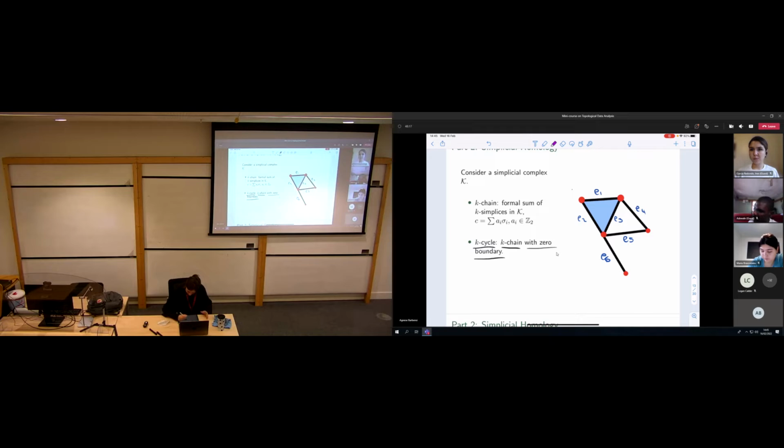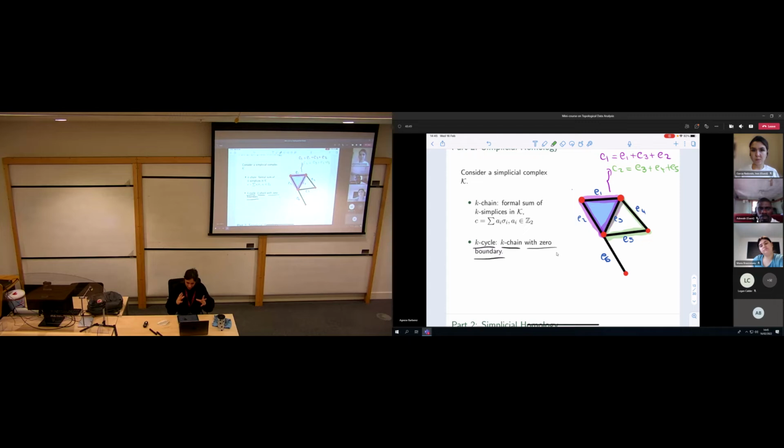In this simplicial complex, a cycle is, for example, this thing here that we're going to call C1, algebraically given by E1 plus E3 plus E2, or C2 given by E3 plus E4 plus E5, or geometrically this thing here.